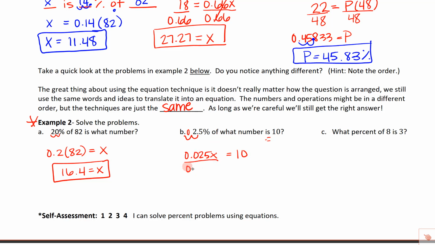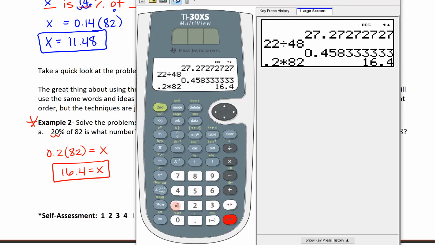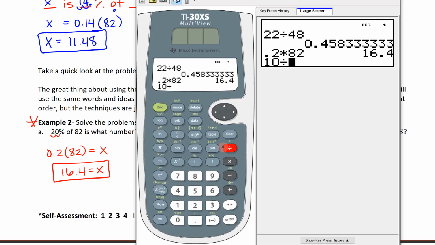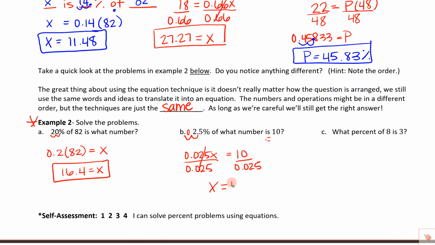We're going to divide both sides by 0.025. So 10 divided by 0.025, and we get 400. So that was a nice answer for us. No decimals.